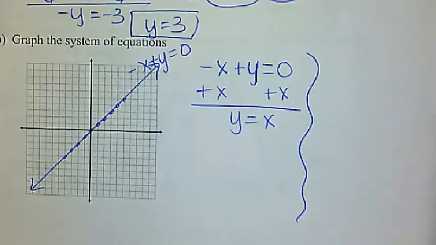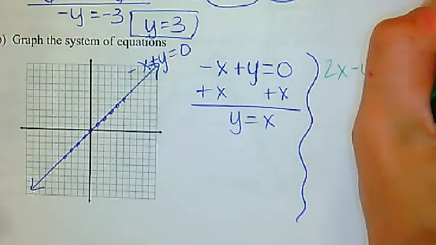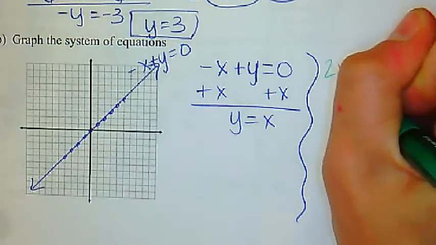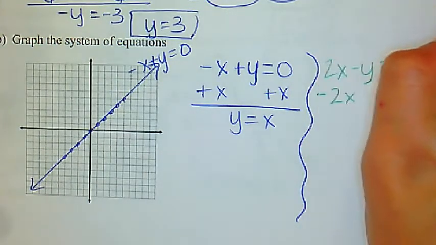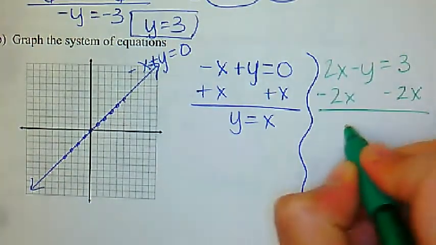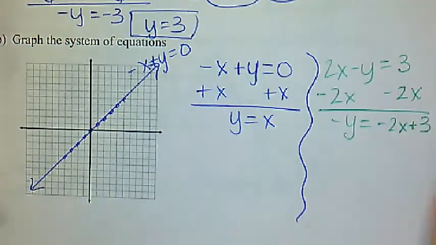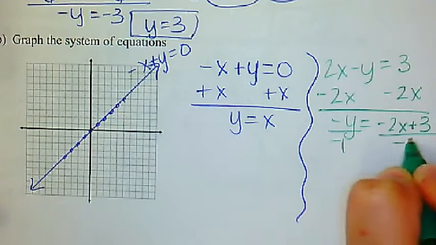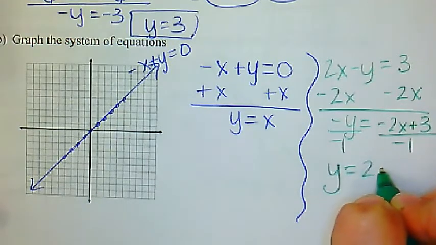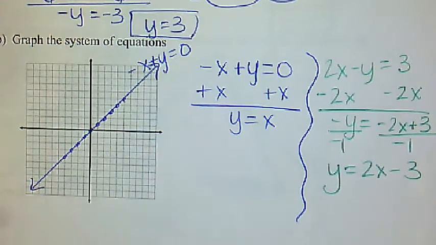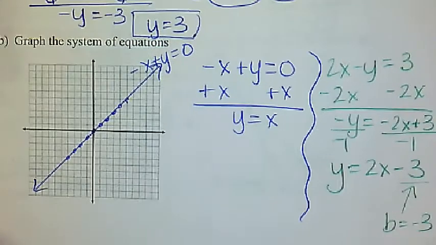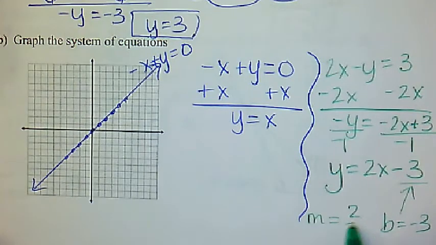All right, and then if I do the other one, 2x minus y equals 3. All right, so for this one, this is the b equals negative 3, and my slope is 2 over 1.